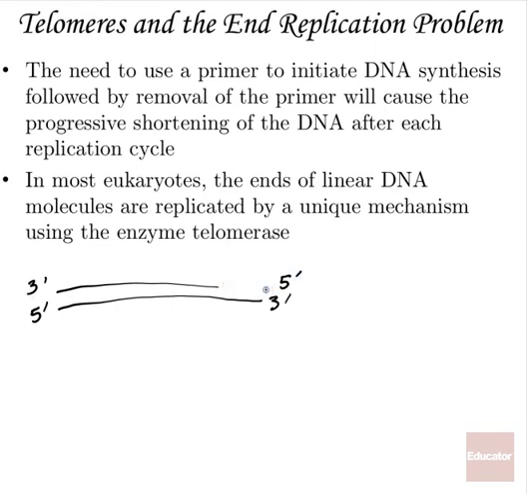If I'm going to replicate again, after one replication, this one is going to be even shorter, because this was the template, and we're only able to synthesize 5 prime to 3 prime.